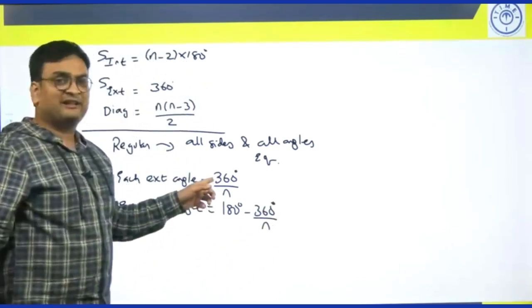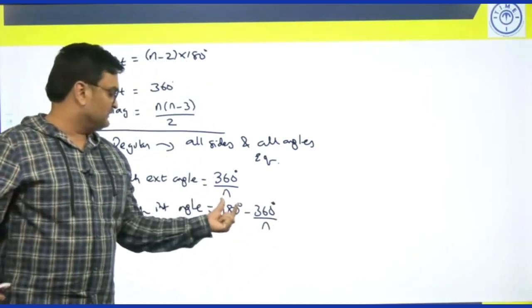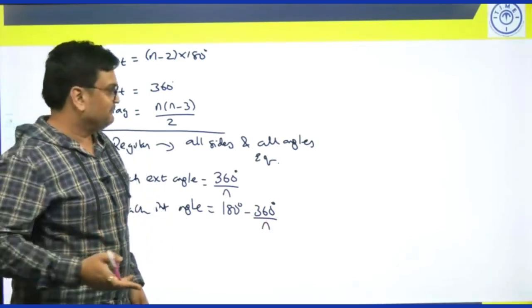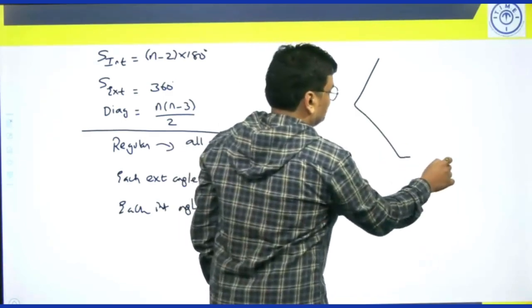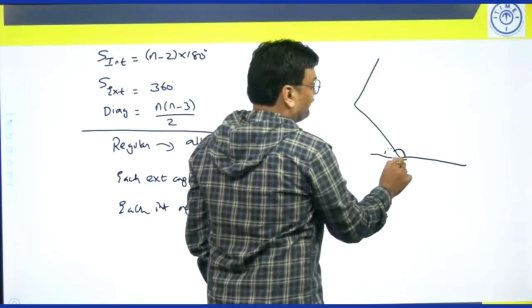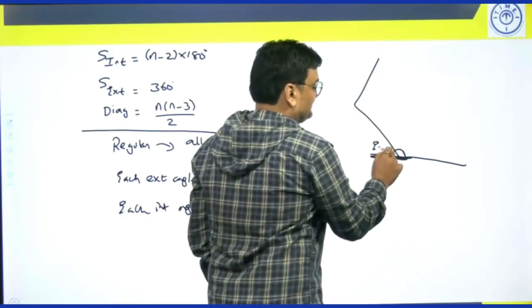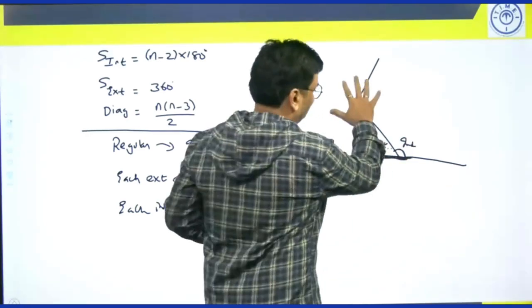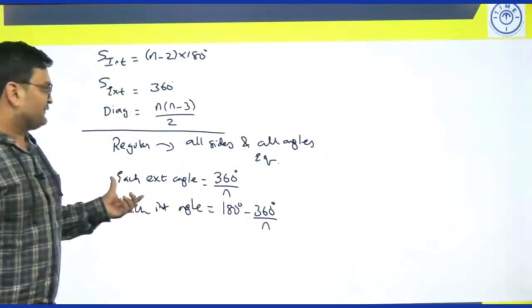You already know the exterior angle's value, and 180 minus that will give you each interior angle, because in a polygon the interior angle and the exterior angle form a linear pair. The sum is 180. And the number of diagonals formula will be the same.